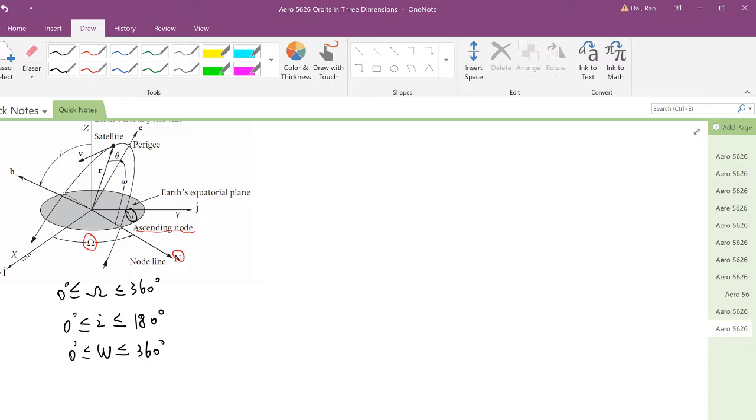This thing is we can use the R vector and the V vector to find the 6 orbital elements: the H, E, I, omega, and the small omega, theta. And we can do the reverse way, using the 6 elements to get the position vector and the velocity vector.